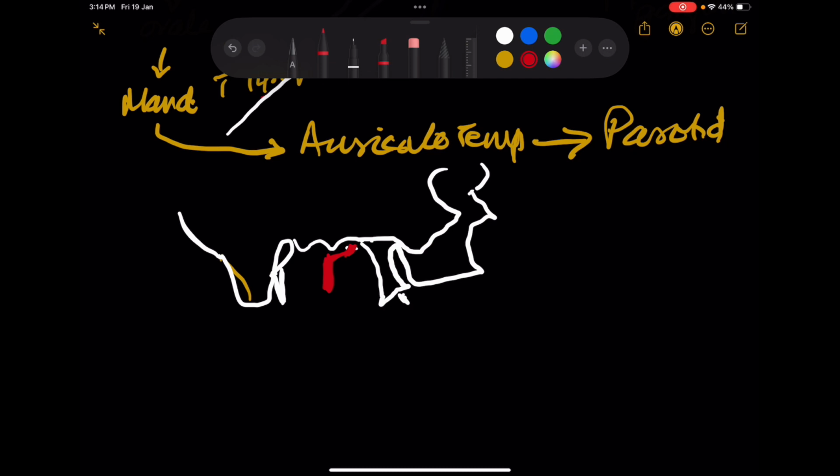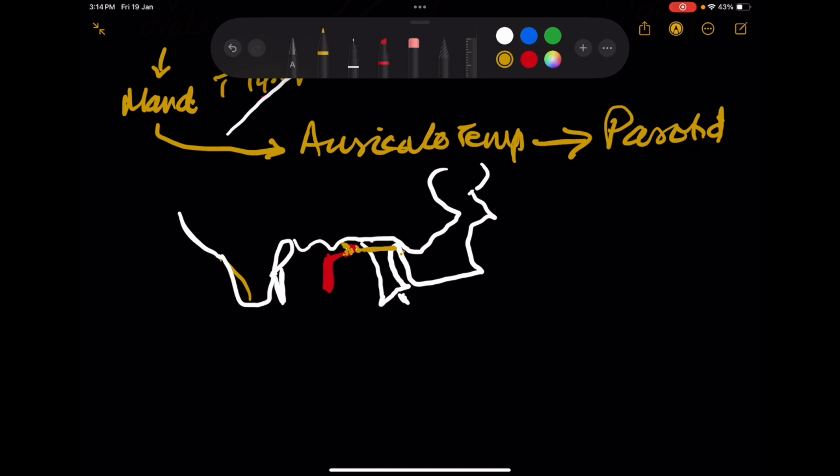Now this nerve, greater superficial petrosal nerve, emerges out of the hiatus for the greater superficial petrosal nerve, then out of the foramen lacerum, combines with the sympathetic plexus around the internal carotid artery and passes through a canal into the pterygopalatine fossa.